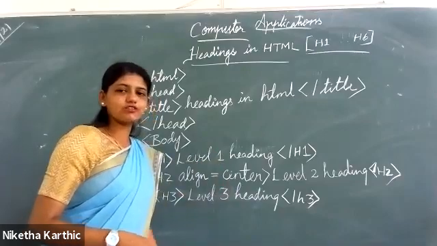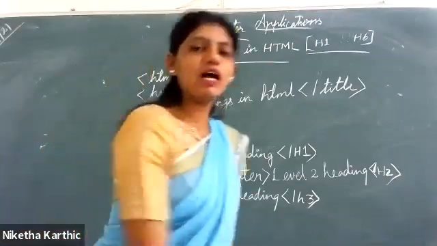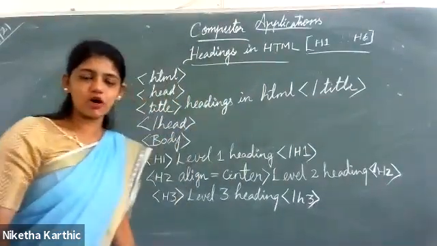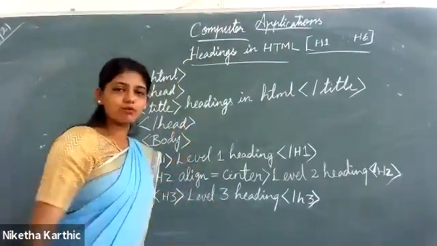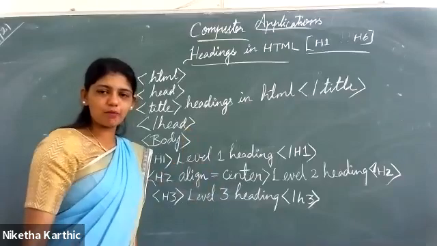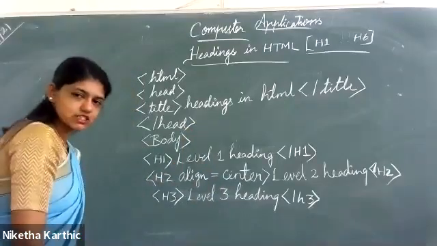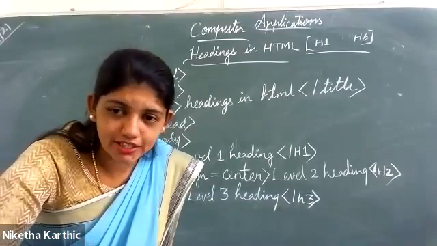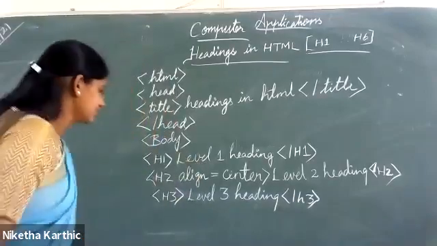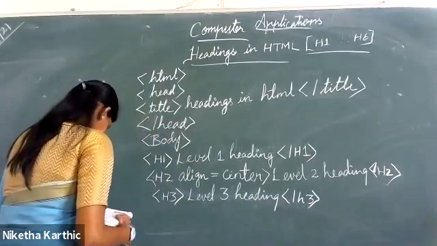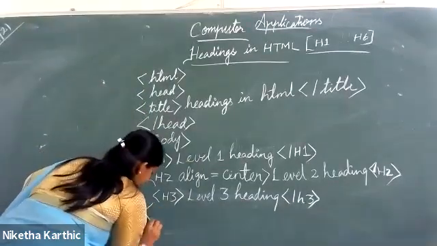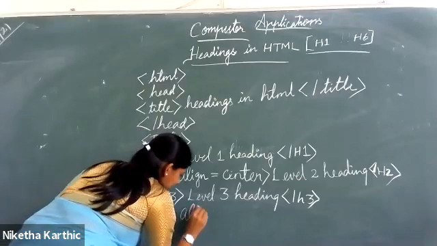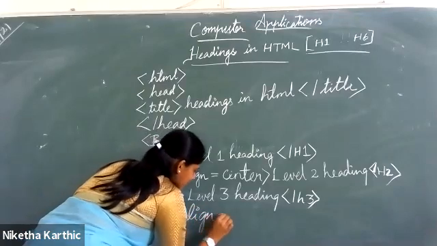Now we are going to go for H4, that is level 4. Heading 4 we are going to give. I'll write it down on the board. Before then I need you all to copy this. Meanwhile I'll write it. Okay, clear? Clear children? In H4 I'll write it in the right.